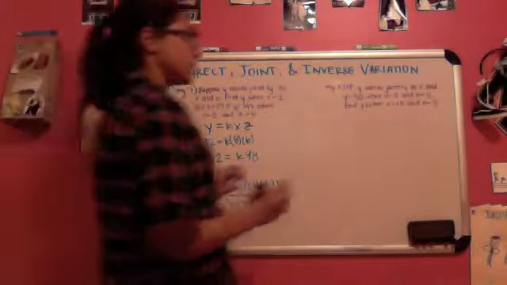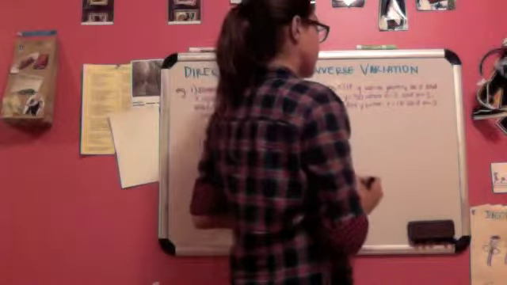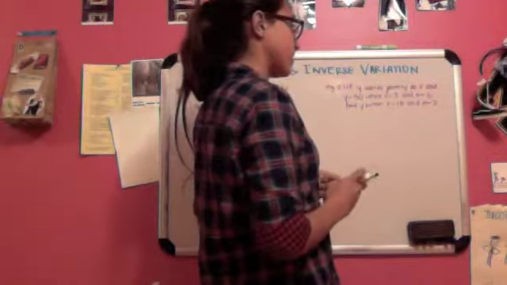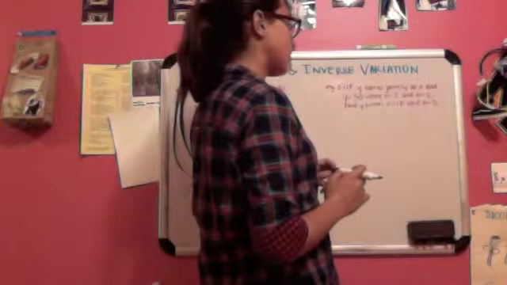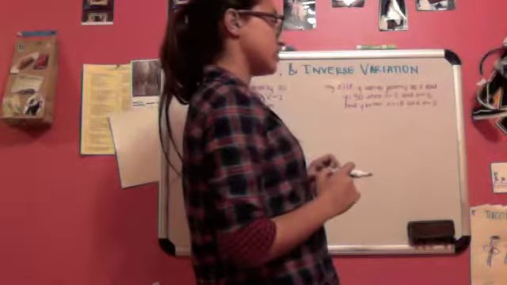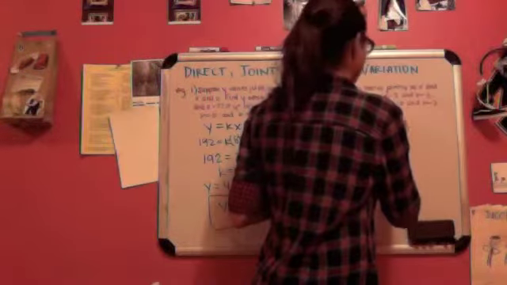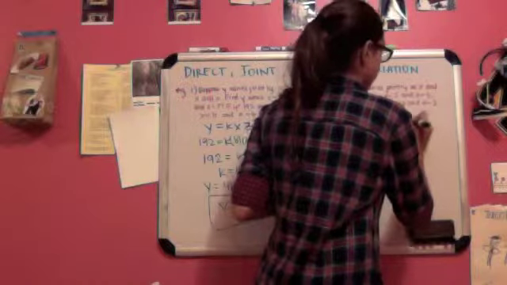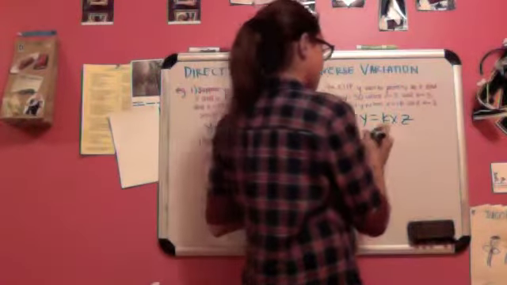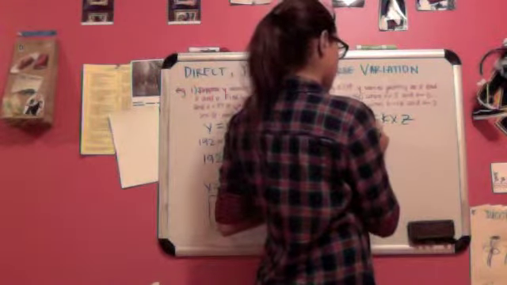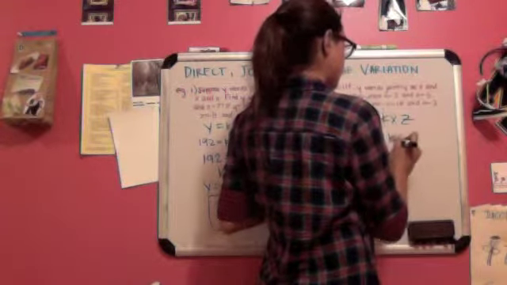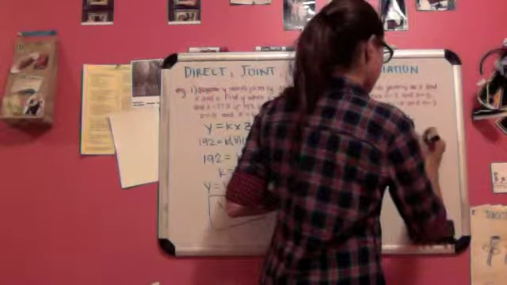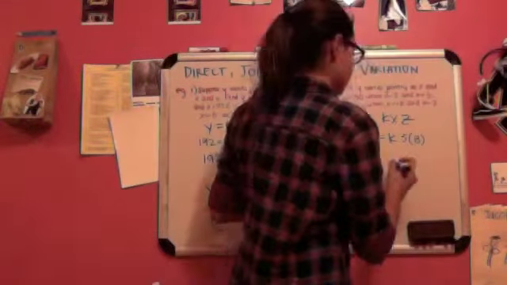Now the second one says, if y varies jointly as x and z, and y equals 80 when x equals 5 and z equals 8, find y when x equals 16 and z equals 2. So we start by writing out the equation, y equals kxz, where y is 80, k is not known, x is 5, and z is 8.